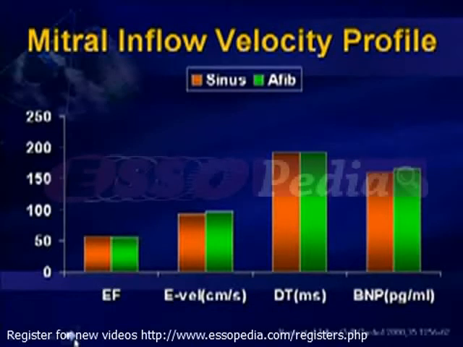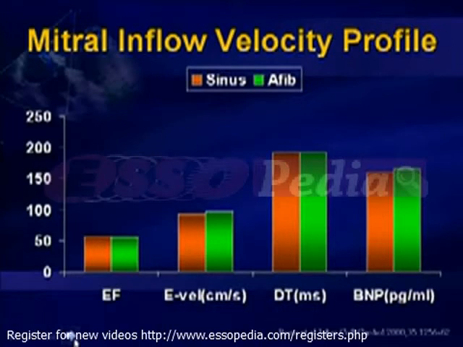Now, since all LV filling must now occur without this atrial pump function, it has been commented that mean LA pressure and the peak E wave velocity are often slightly higher than normal for age, and the mitral deceleration time is generally a little shorter, by about 20 milliseconds, than in those with normal sinus rhythm.